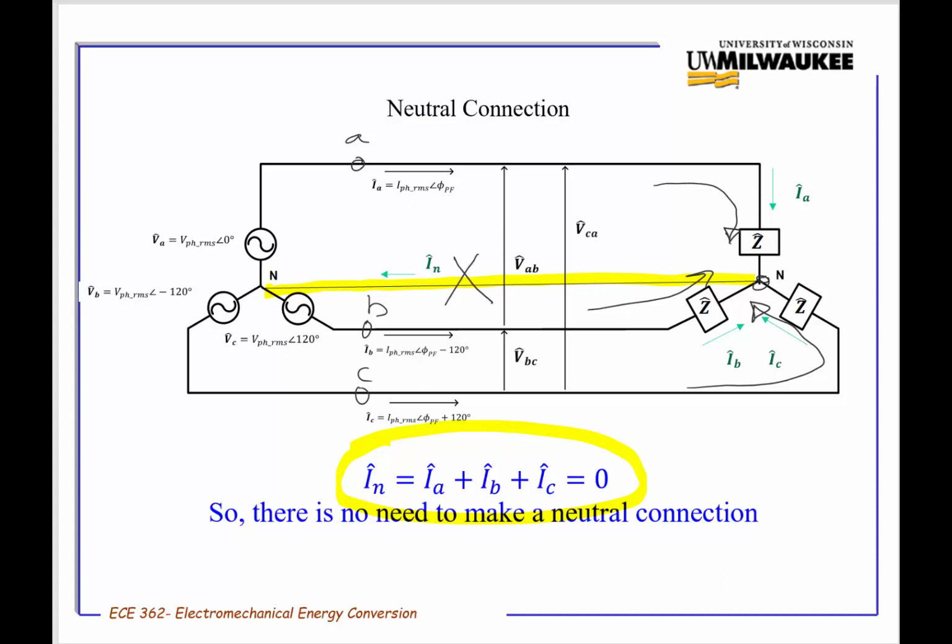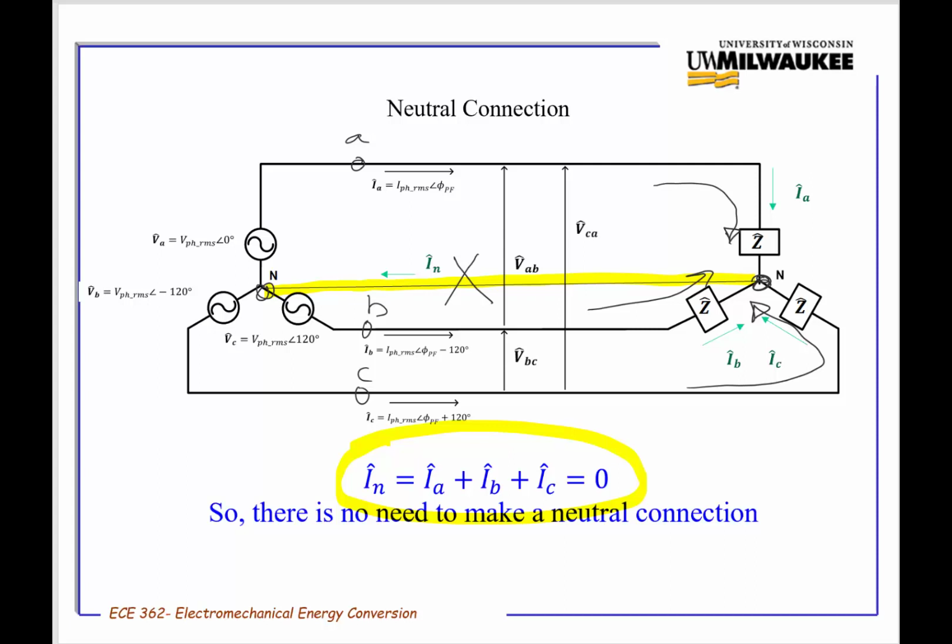And in the lab, one of the little experiments that you will do is you will set it up as a 4-wire system where you make a neutral connection between the two neutral points in addition to the A, B, and C connections. And what you will see is that there's no difference if you remove the neutral connection. I don't want to go into this in too much detail, but this is only true because of the 120 degree symmetry, which is what you will see in typical three-phase power systems.